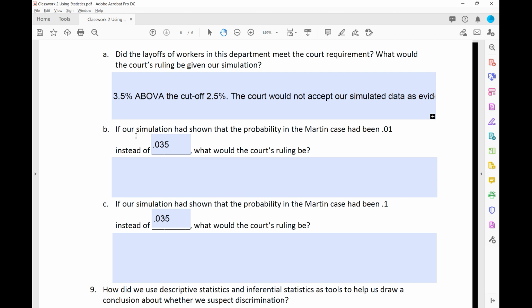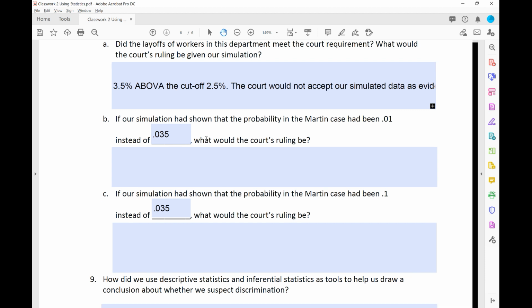So for B, if our simulation had shown that the probability in the Martin case had been 0.01 instead of 0.035, what would the court's ruling be? Right, so we can, again, convert this to a percent. I find that easier. We could move this 2 decimal places to the right, or we can multiply by 100, and we'd see that this 0.01 is equivalent to 1%.